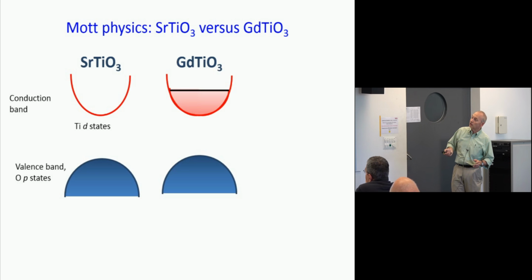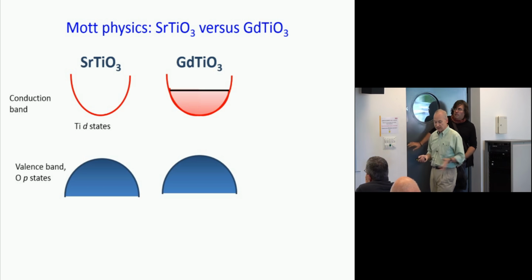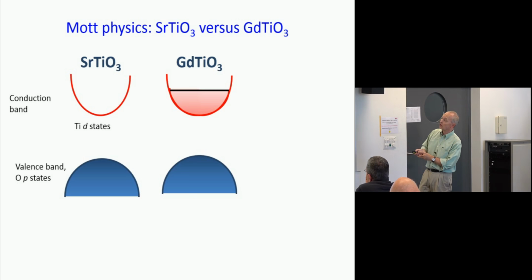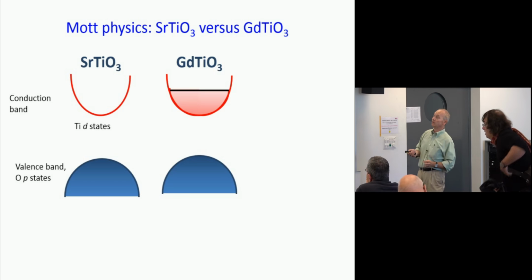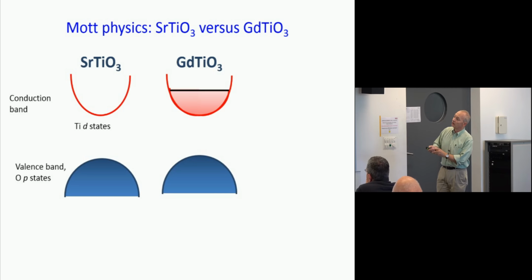The band structure of strontium titanate, which is really just a relatively easy to understand insulator, consists of a valence band that is dominated by oxygen p states, and a conduction band that is dominated by titanium d states. Okay. So we understand this material.